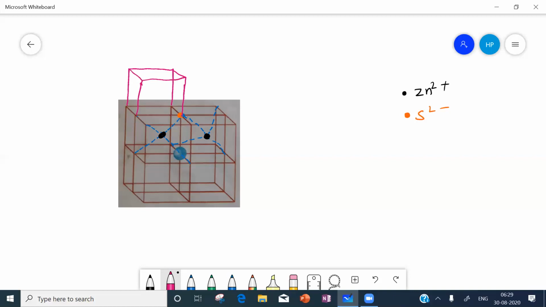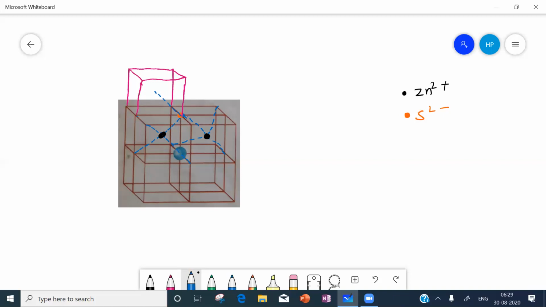Okay. In this small cube, we will draw a tetrahedron. It is the center of the cube. From the center of the cube, we will go to this sulfide.